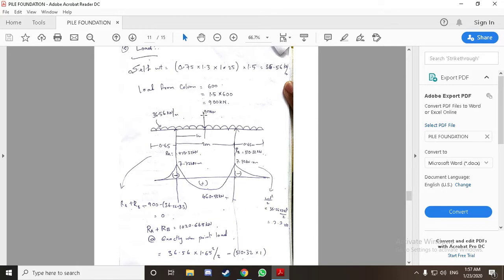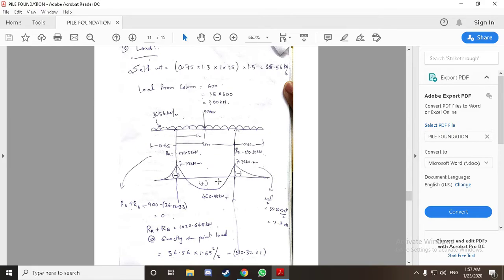So this, as you can see in this diagram, this 900 kilonewton is nothing but our column, and these two upward arrows are our piles. This is our pile cap. So this is A column and this is B column. So first we have to calculate reactions, and as you can see we have some overhanging cantilever part, and here we have some simply supported part.